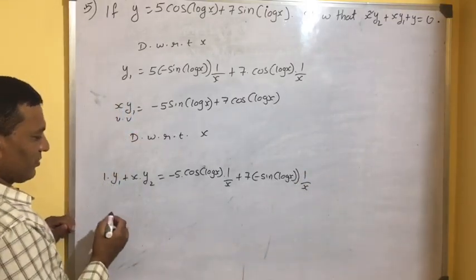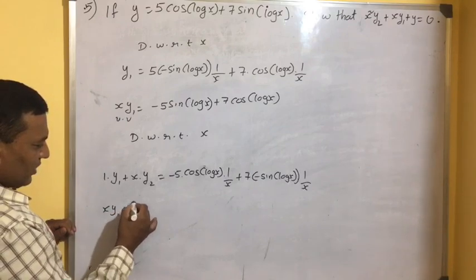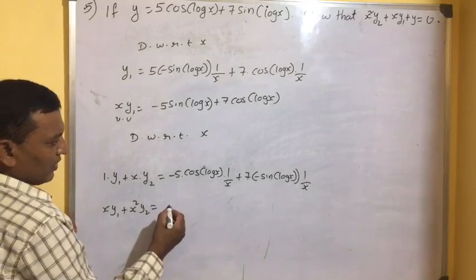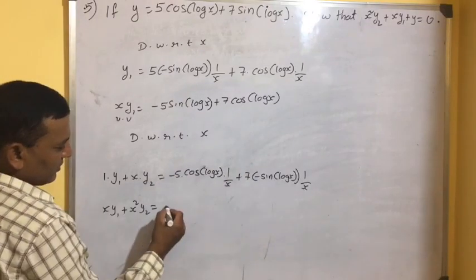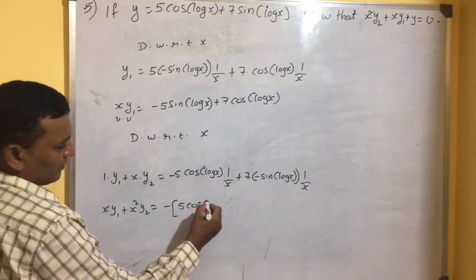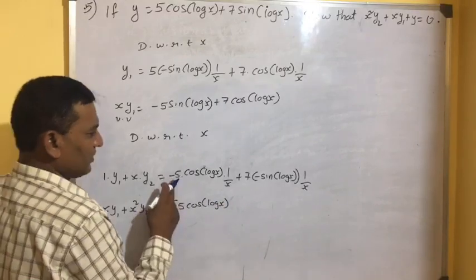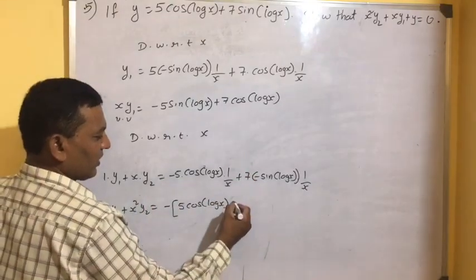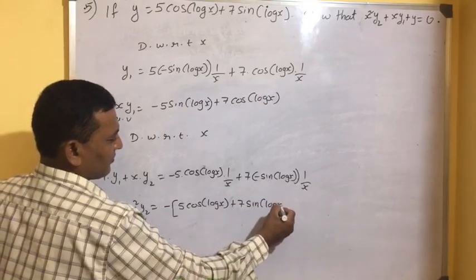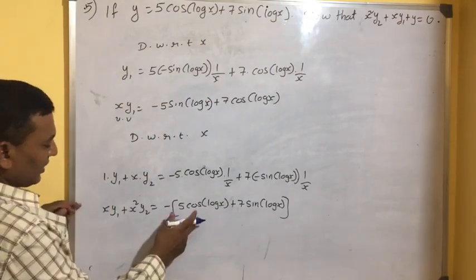Now multiply both sides by x. We get x y1 plus x square y2 is equal to, because we are multiplying x on this side, here we have minus, here also we have minus, take minus common. So we get minus of 5 cos of log x, because we are taking minus here and here also minus outside, this will remain as plus 7 sine of log x. Now compare with the given equation y, so it is exactly the same.